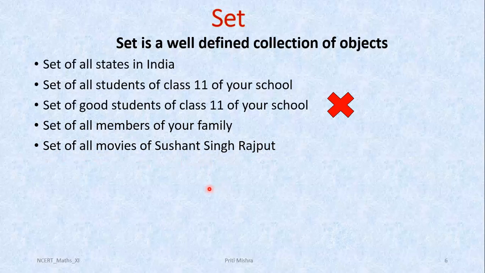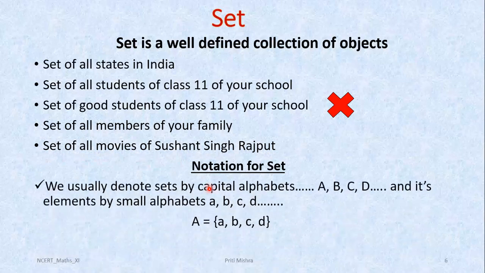Now let's find out what kind of notation we can give for writing a set. Usually we denote a set by capital alphabets, capital A, capital B, capital C, and so on. And most of the times we use capital S also to write a set. And small alphabets, small a, b, c, d, all these represent elements of a set.